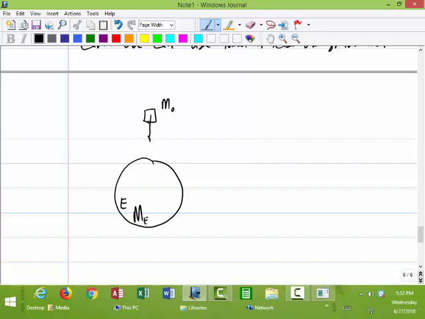In this case, there's a force between the object and the Earth, and in return, the object pulls on the Earth also. So this is the force of Earth on object, and this is the force of object on Earth. By Newton's law of gravitation, this is equal to the gravitational force, where r is the distance from here to here.